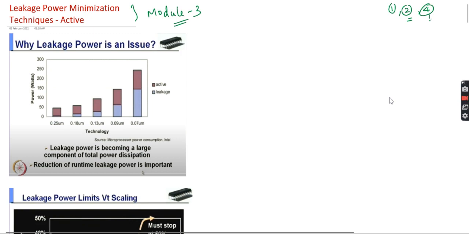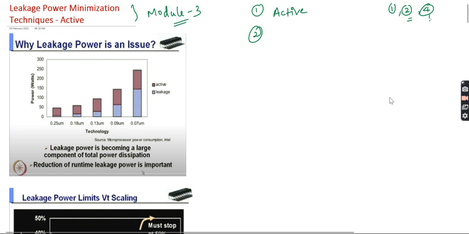Now here, elaborately, we are going to study how to minimize the leakage power, and what are the different techniques available. To minimize the leakage power, there will be two modes, because normally the circuit will operate in two ways. One is active, or runtime.